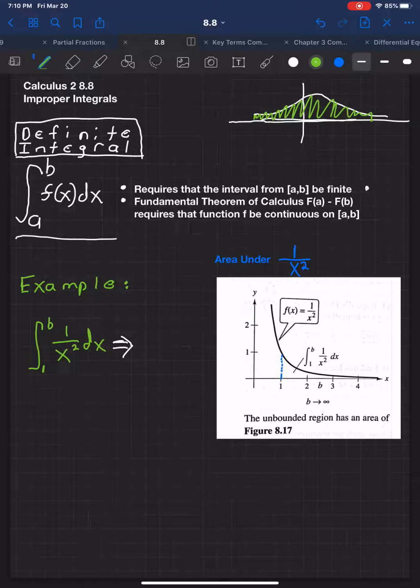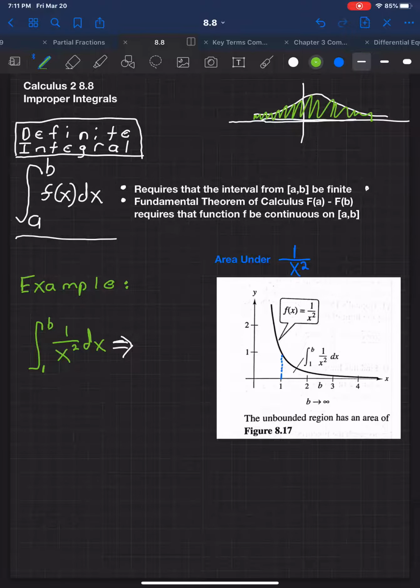What if you wanted the entirety of the area under the curve? Would that be just infinite area? Maybe. Possibly. Or is it possible that the entirety of that area under a curve is actually a finite area? And if that is a finite area, how can we actually find it?